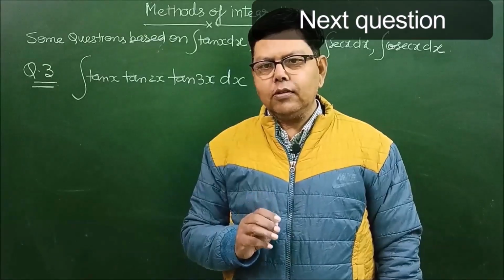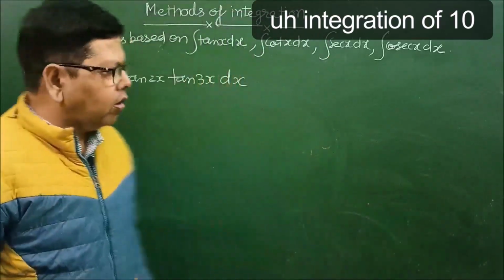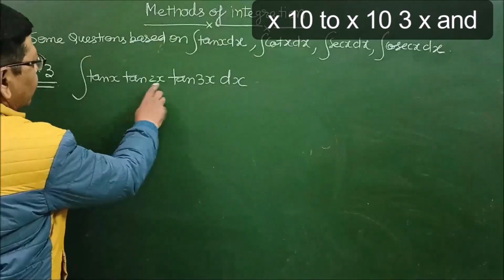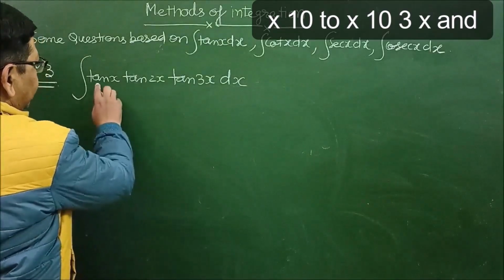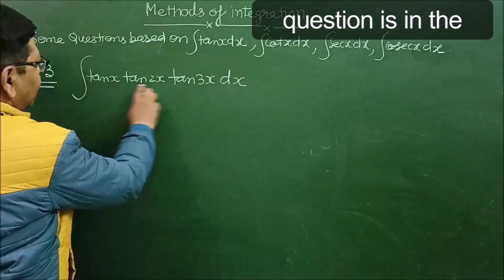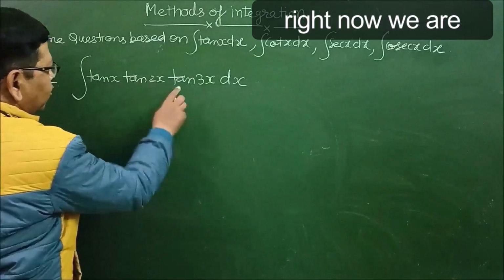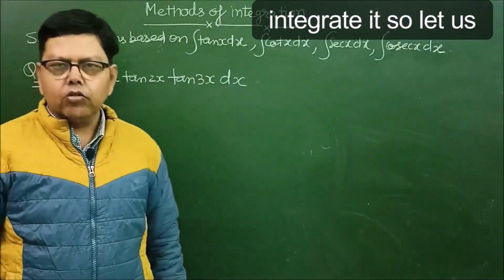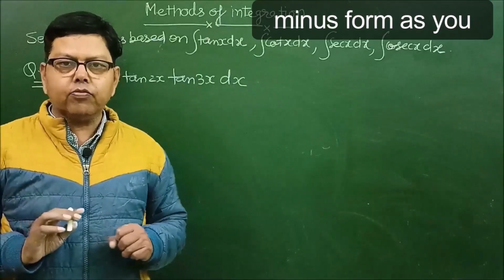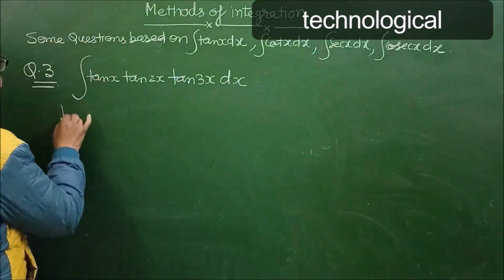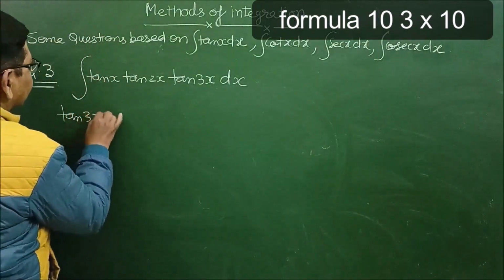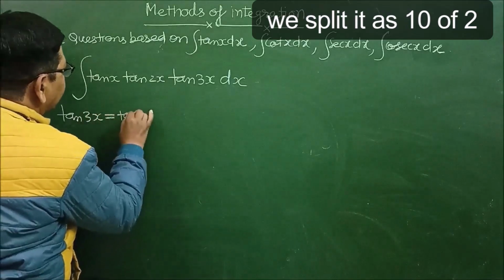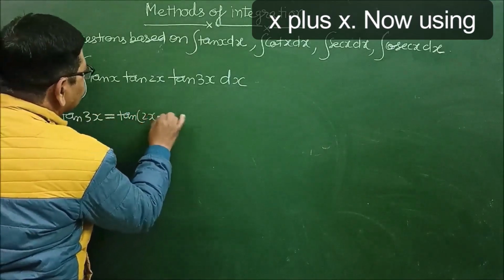Next question, integration of tan x, tan 2x, tan 3x, and you can see the question is in the multiple form. So right now we are not in a position to integrate it, so let us bring it in the plus or minus form. As you all know the trigonometric formula, tan 3x can be split as tan of 2x plus x.